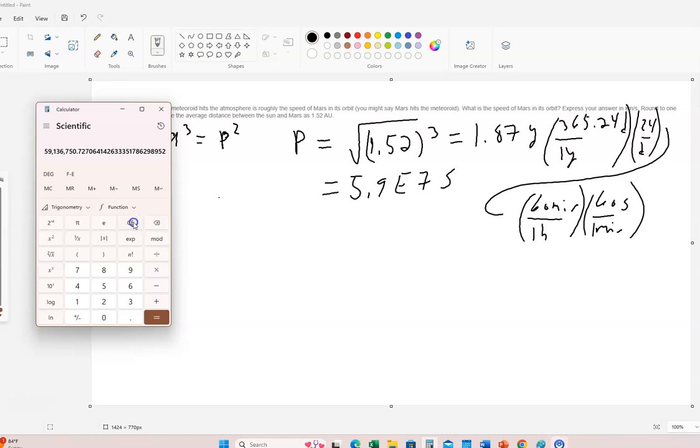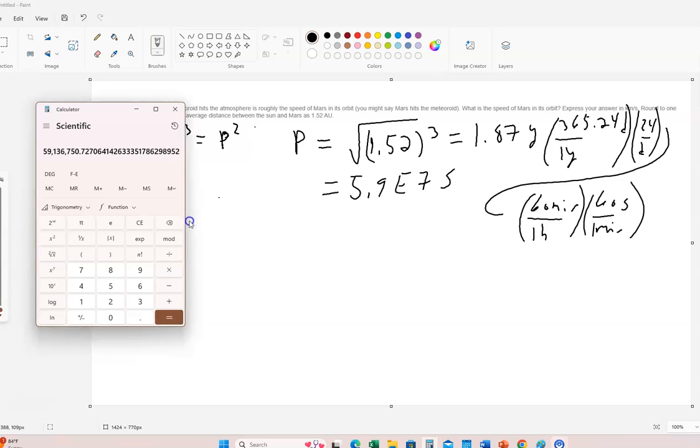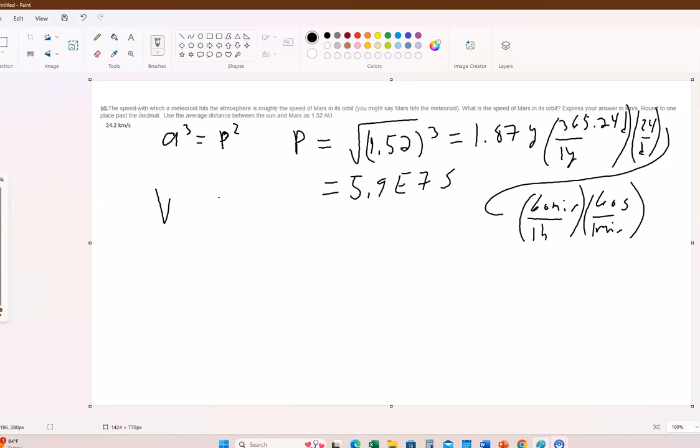The other thing that we have to do is figure out what distance Mars travels. And so remember, velocity is distance divided by time.